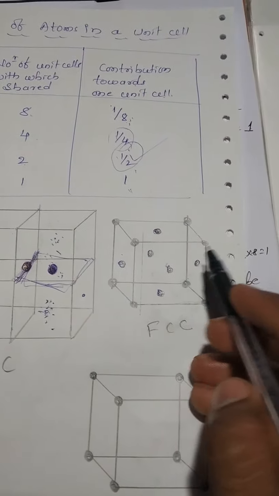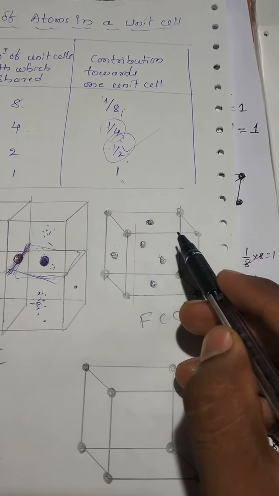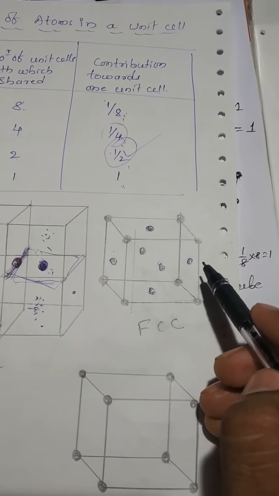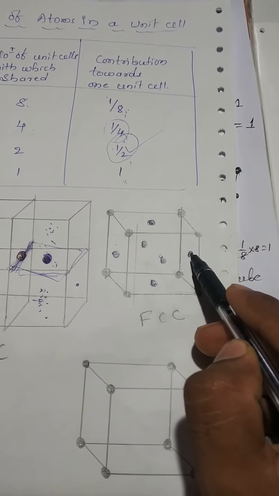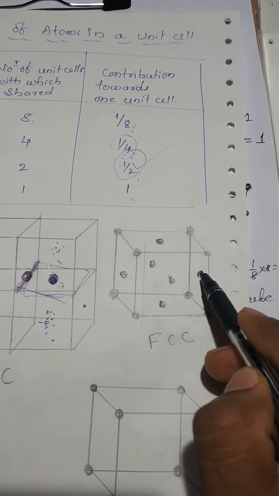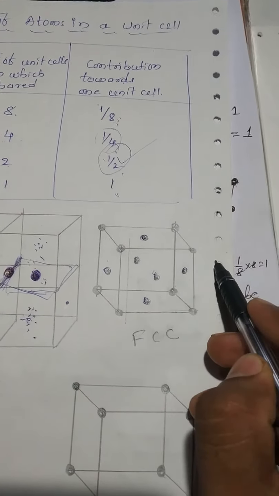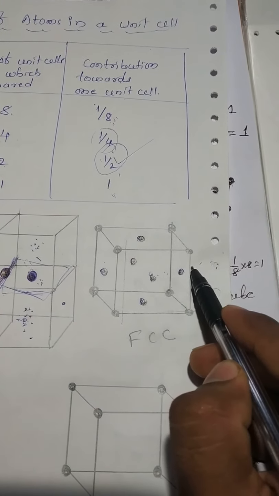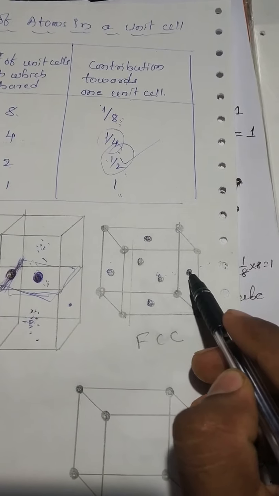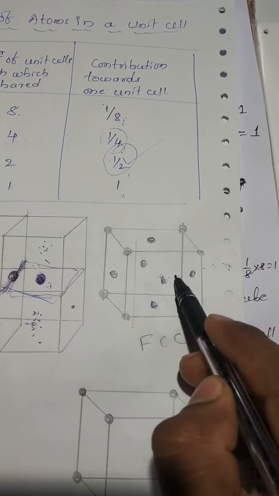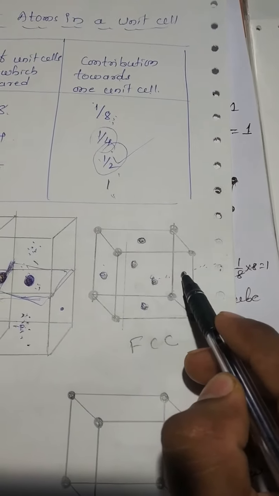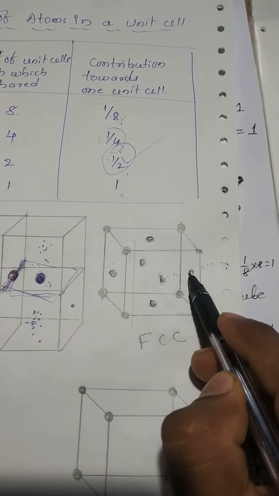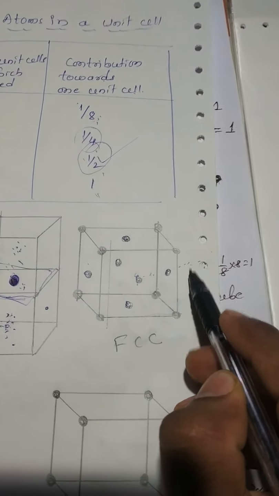If another unit cell is present adjacent to this unit cell, then this atom is present between 2 unit cells. Half of this atom contributes towards this unit cell and half towards the other unit cell.